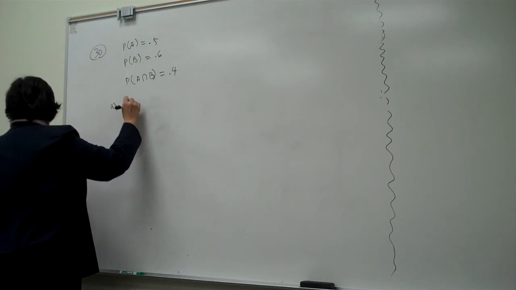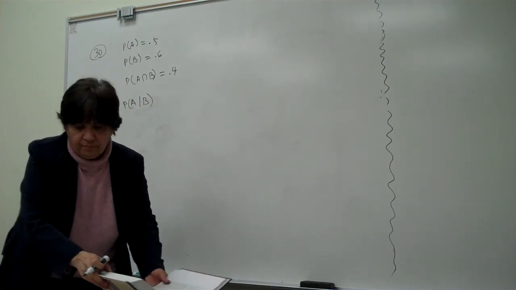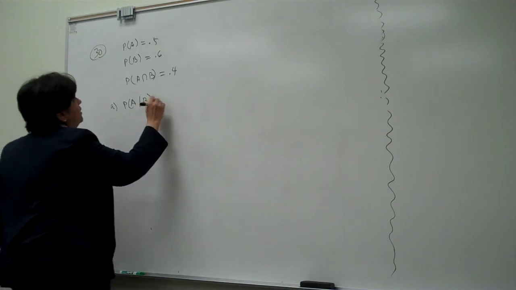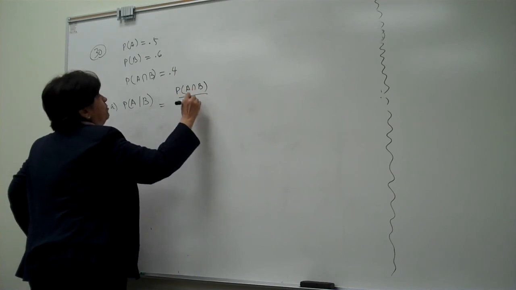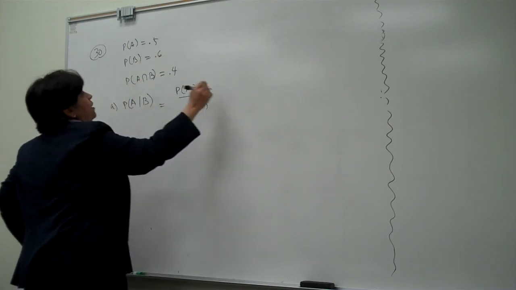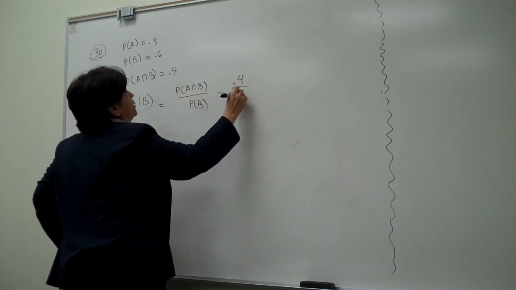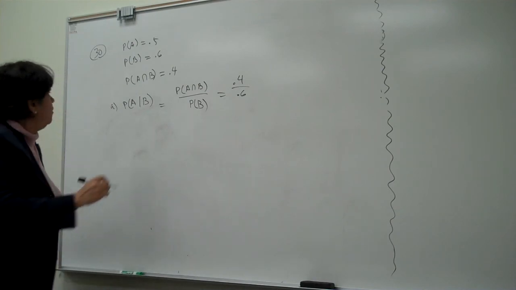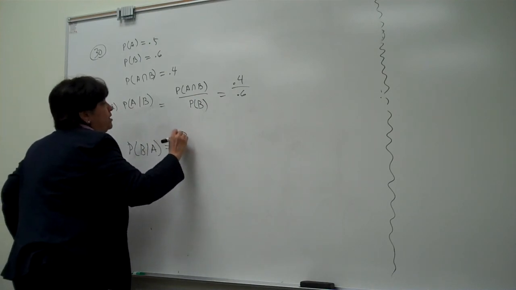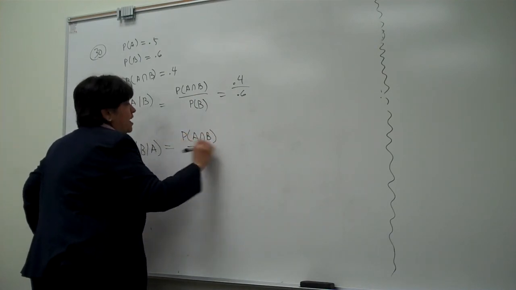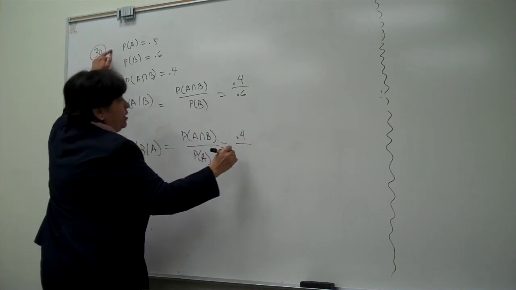What is the probability of A given B? This is the probability of A and B divided by the probability of B. A and B is equal to 0.4 divided by 0.6. Now, what is the probability of B given A? It is equal to the probability of A and B divided by the probability of A. And that is equal to 0.4 divided by 0.5.